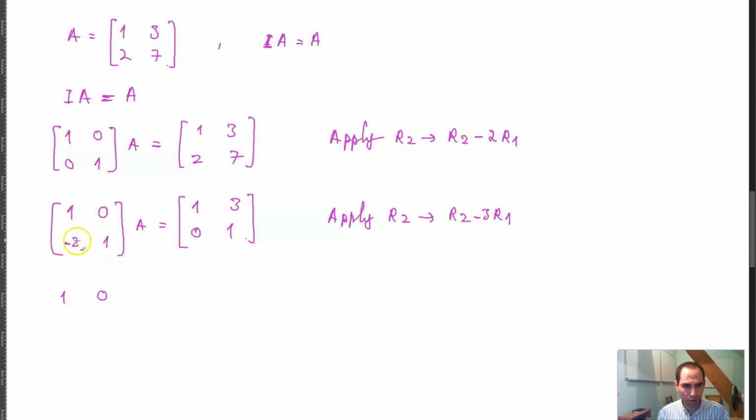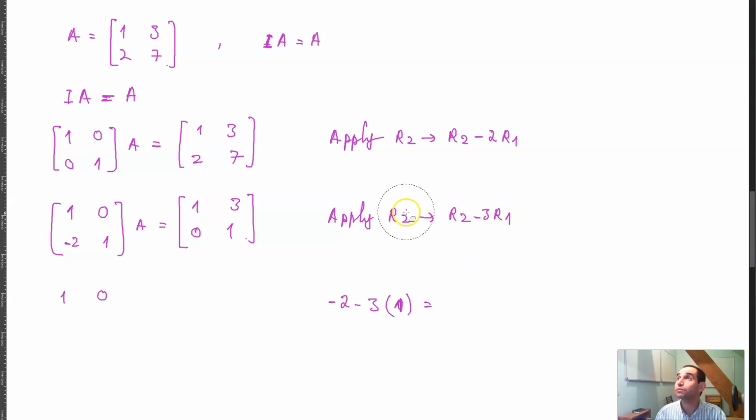R2 is basically, this row is negative 2 minus 3 times 1, and this is supposed to be equal to negative 5. Okay, so in the solution, it seems that they have made a mistake here.